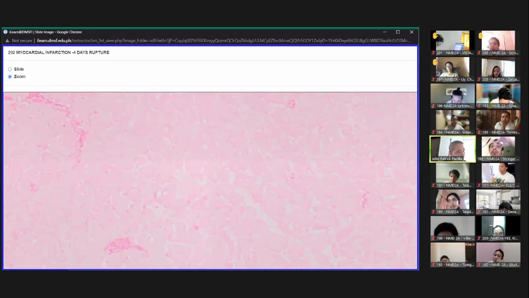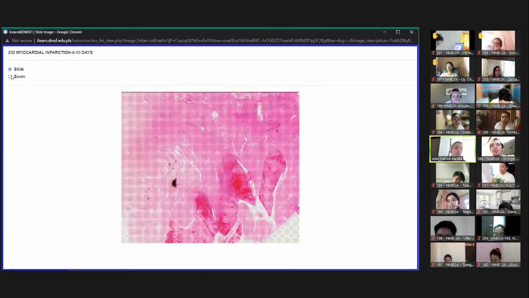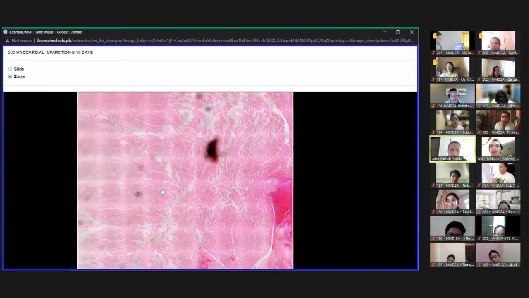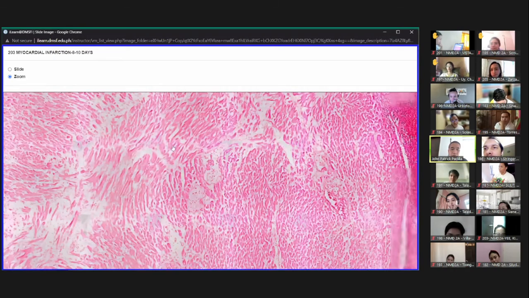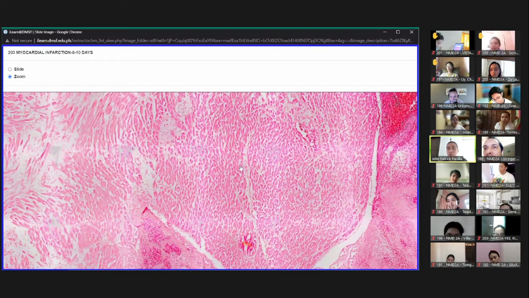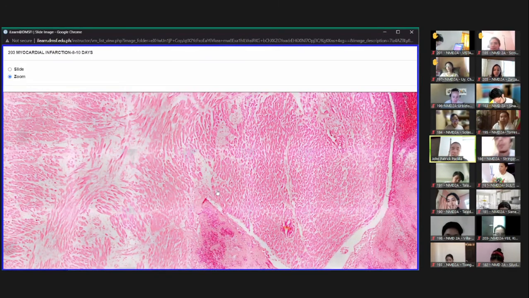Okay. Next we have myocardial infarction 8 to 10 days. Okay. So what have we learned about inflammation in 8 to 10 days after? So what we would see would be the presence of, what do we see? The presence of granulation tissue. Okay. So starting with 3 days, there would be formation of granulation tissue.